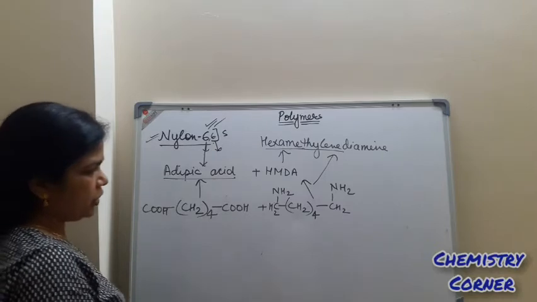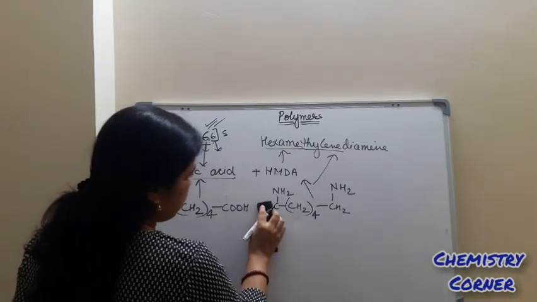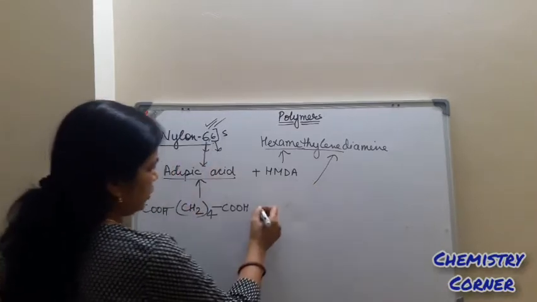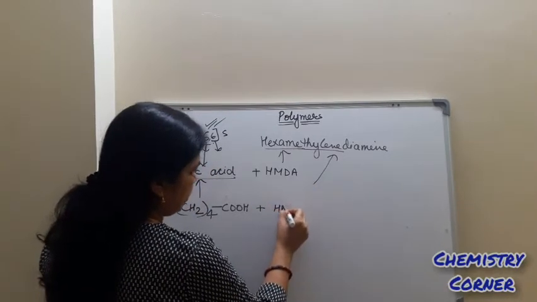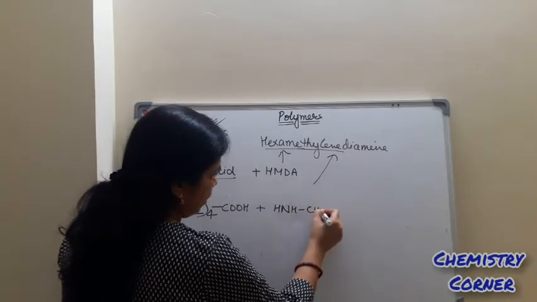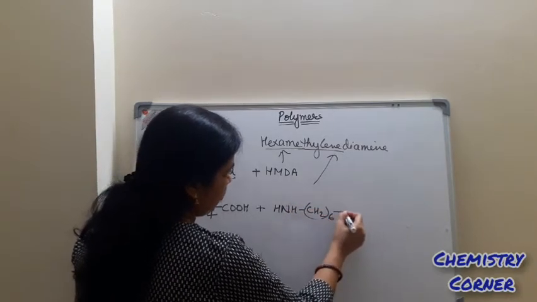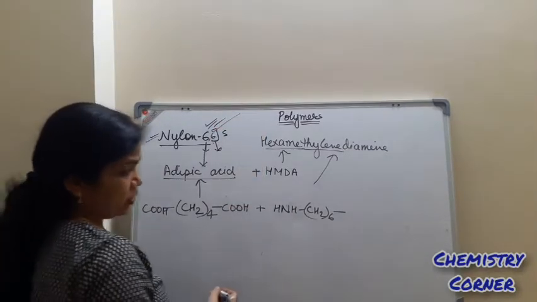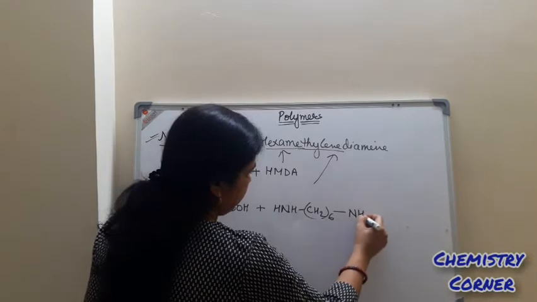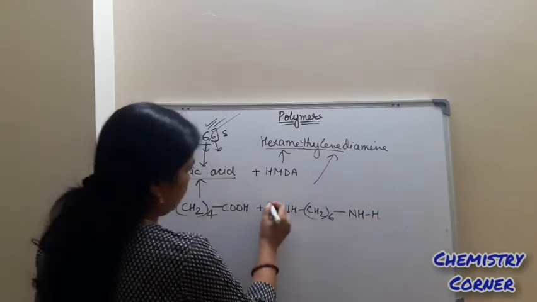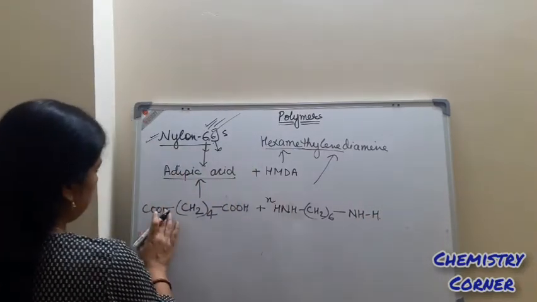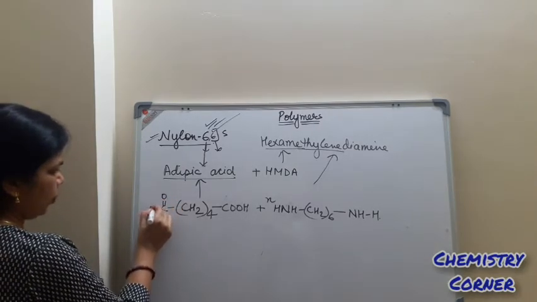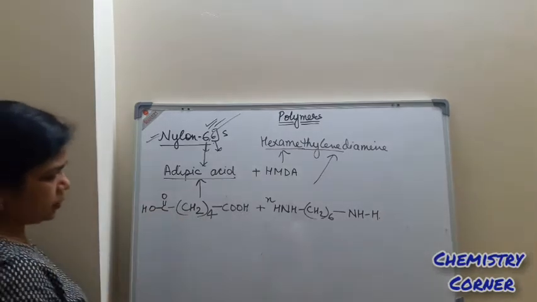So let's come to the reaction. For understanding equation, let's write this structure in an easy manner so that reactions will be quite easy to understand for us. Now I am combining all CH2. How many were there, children? As 6 is written for the second unit, means 6 CH2 were there. So it is NH and H. How many moles? N moles. Same way, I am writing COOH this side in a different manner so that OH will be present at the terminal side.